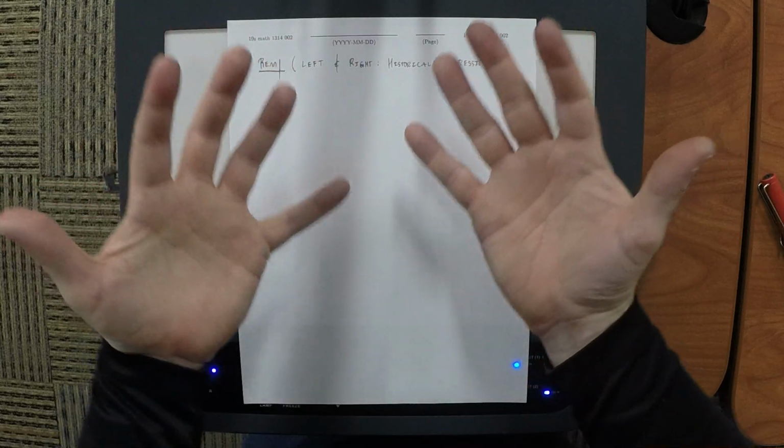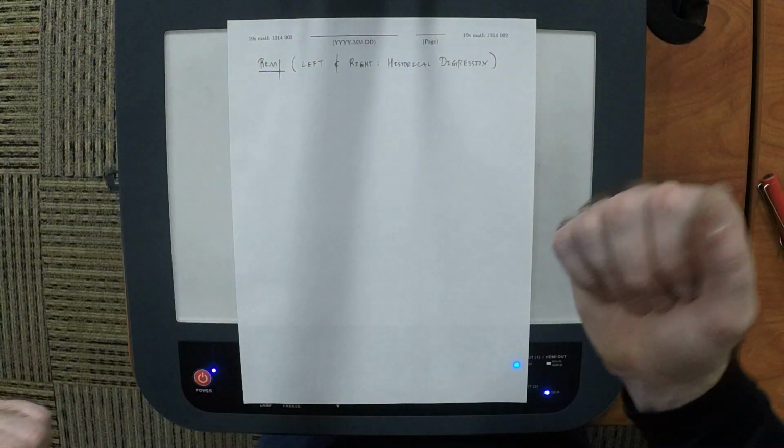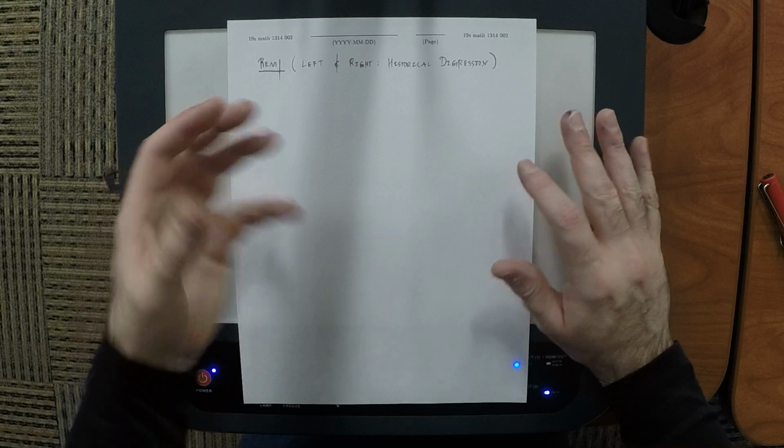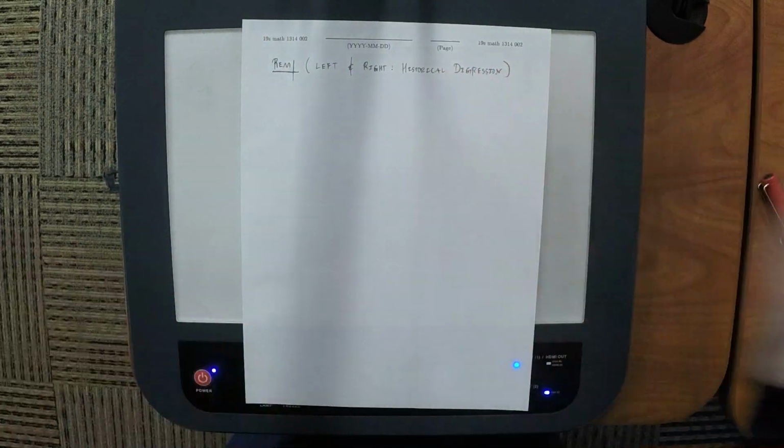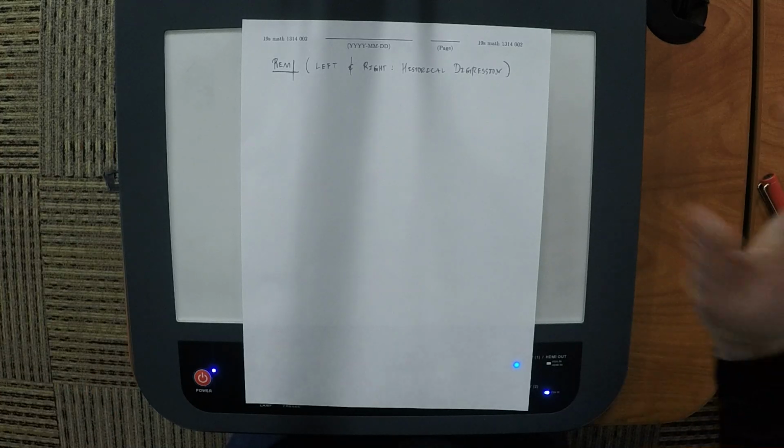We have two hands, a left hand and a right hand. And it's really pretty arbitrary what we ended up calling this side and what we ended up calling that side. It's an arbitrary name, but we need a name so that we can distinguish between them.